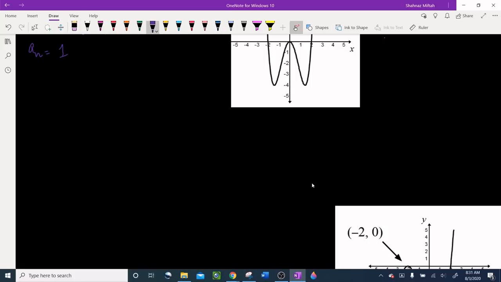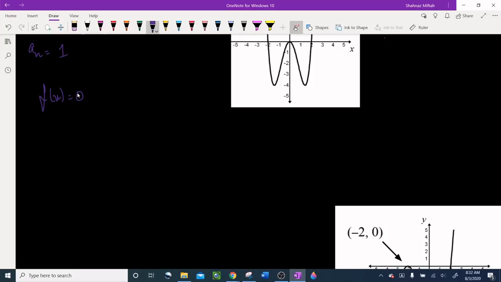Now, zeros of polynomials. Let's talk about zeros of polynomials. If f is a polynomial function, the values of x for which f of x is equal to 0 are called zeros of f. If I make f of x equal 0, they call them zeros. The x values are always called zeros. We also call these roots or solutions of the polynomial function.